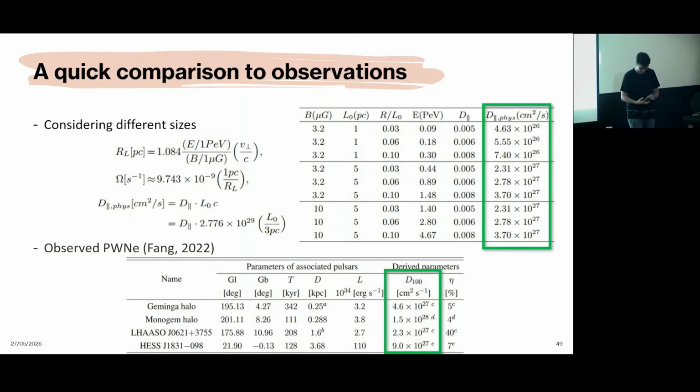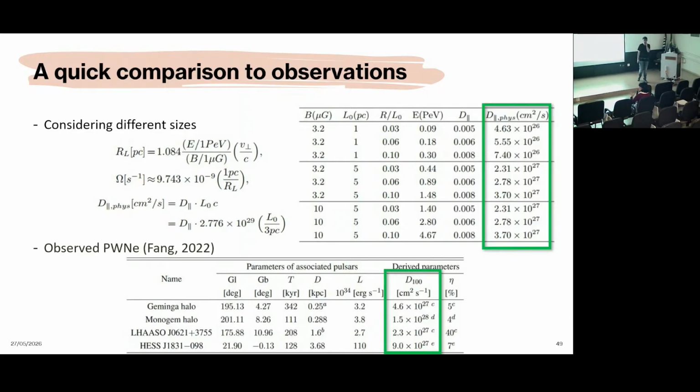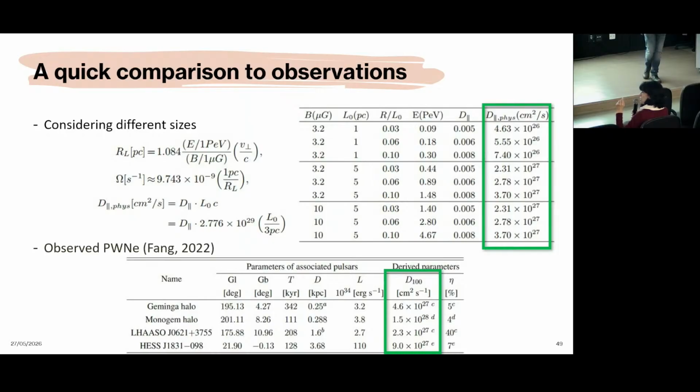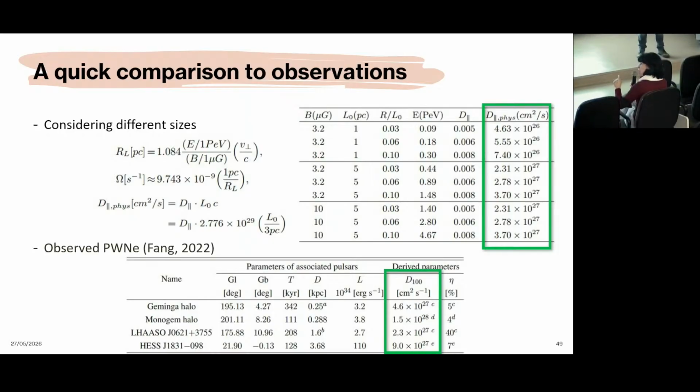I have a final comment that Lucas forgot to say. One of the main results of this work, I think the most important one, is that we have for the first time a physical motivation for the diffusion coefficient being proportional to the energy of the cosmic ray to the power of 1/3. This power 1/3 is generally assumed in the literature, in some cases just as a guess based on Kolmogorov turbulence, but there is no physical basis for this choice.